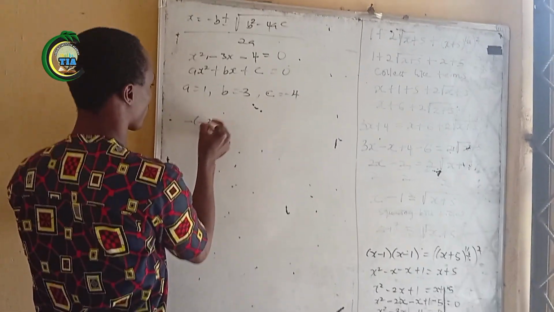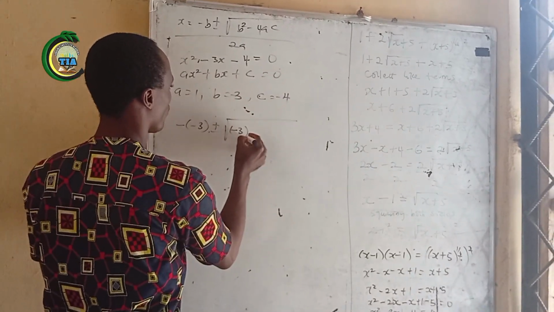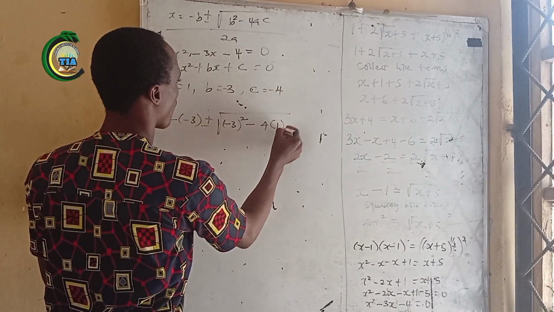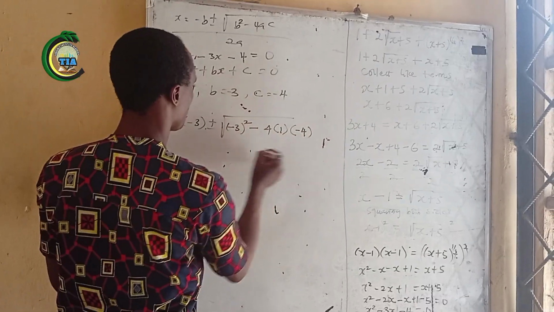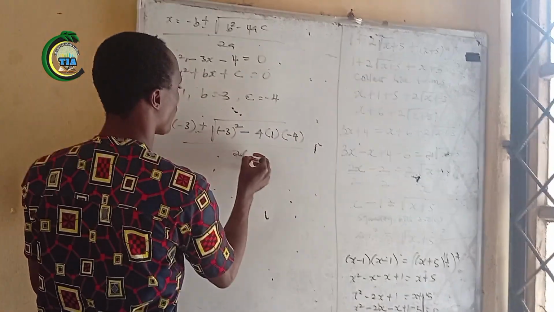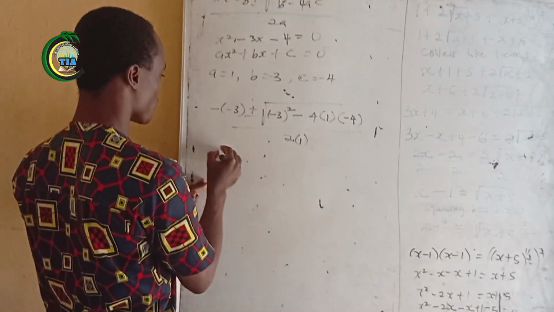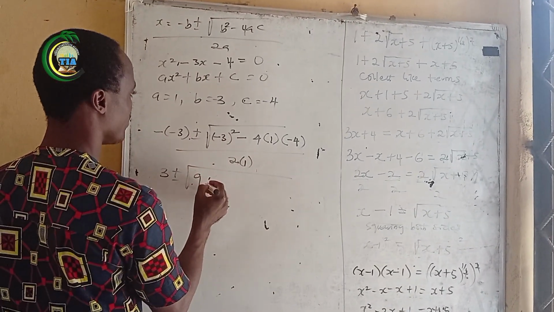So we now have minus of minus 3, plus or minus square root of minus 3 all squared minus 4 multiplied by 1 multiplied by minus 4, all over 2 multiplied by 1. So minus times minus is plus. So we have 3 plus or minus square root of 9.